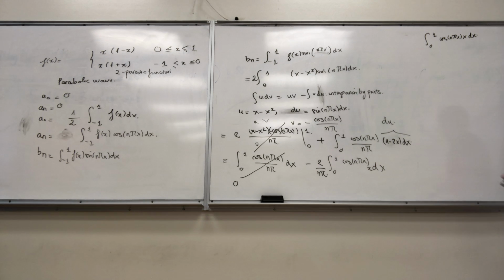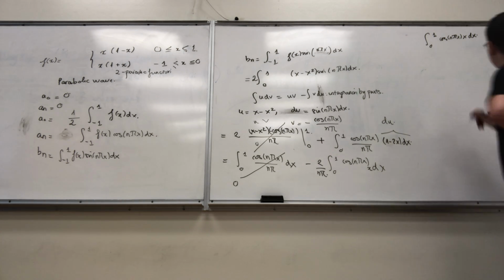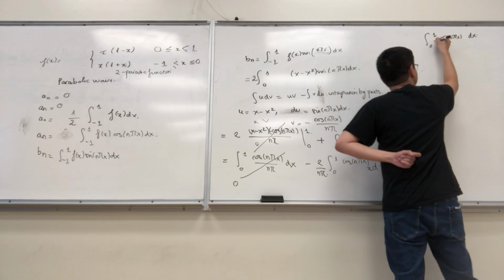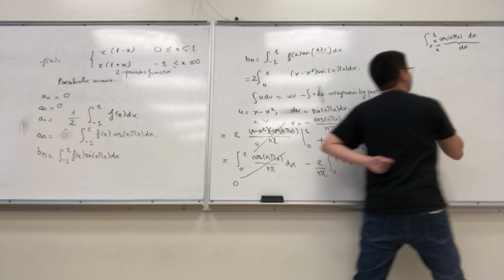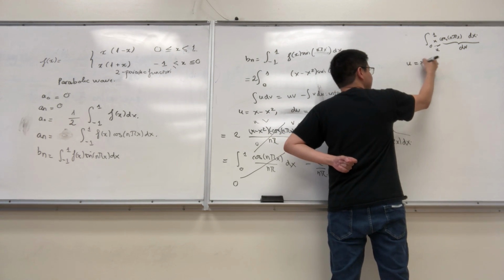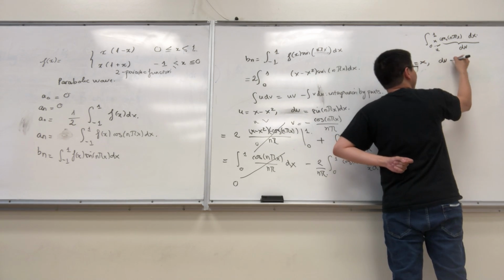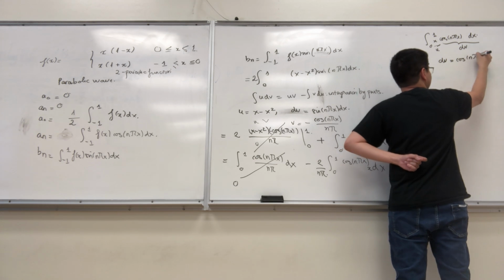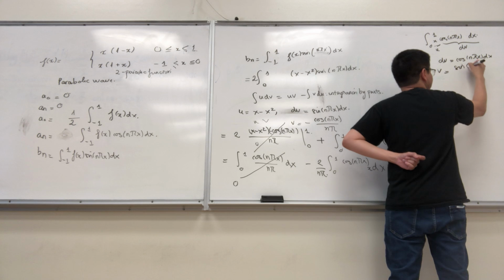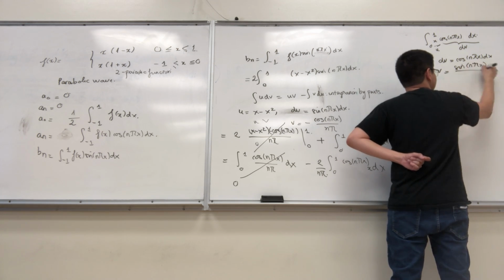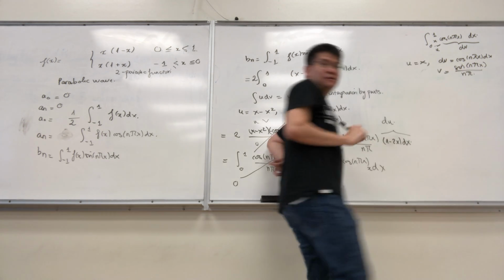We know that for this one we have to use integration by parts again. So I'm going to put x here. This is u and this is dv. So u will be x, and dv will be cosine n pi x dx, which means that v has to be the antiderivative of cosine, which is sine n pi x over n pi.